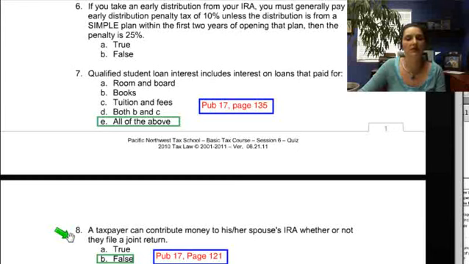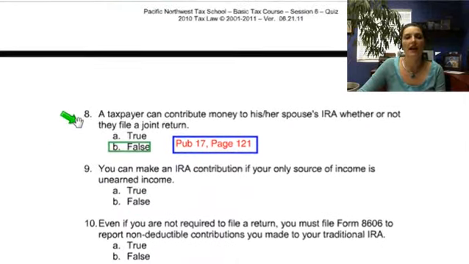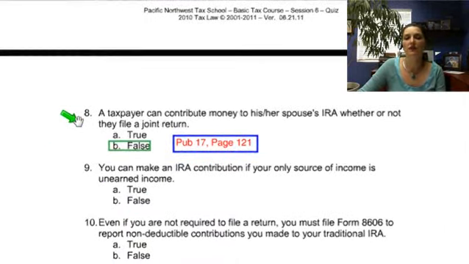The next most frequently missed question is question number 8. A taxpayer can contribute money to his or her spouse's IRA whether or not they file a joint return. That is false. It is necessary to file a joint return if you wish to make a contribution to your spouse's IRA, and essentially that is because the spouse has to be able to show that they had compensation on their tax return.